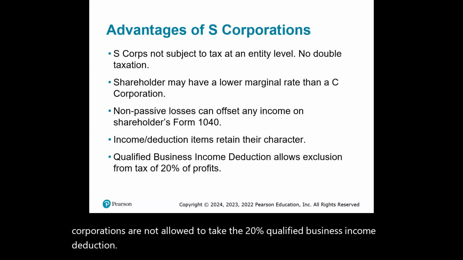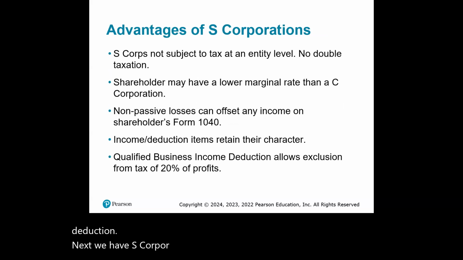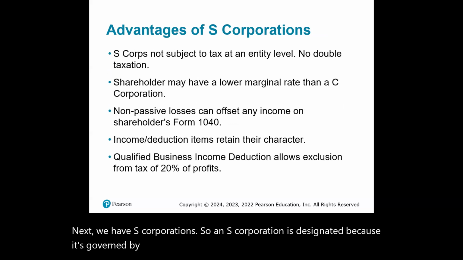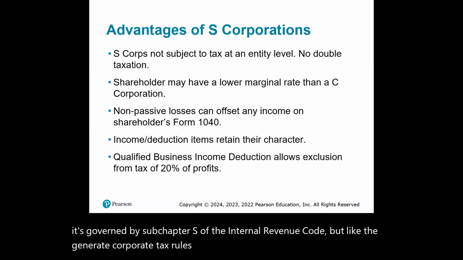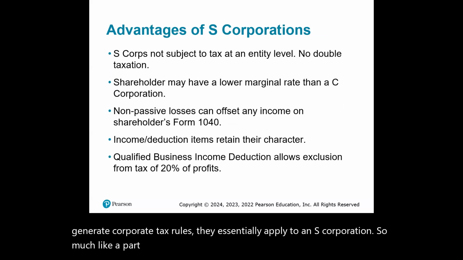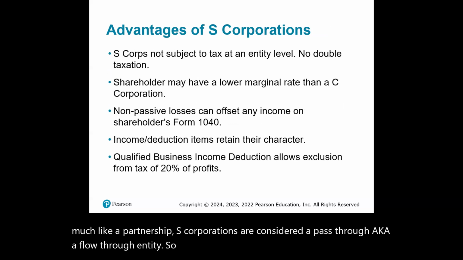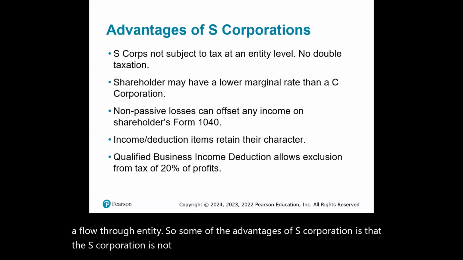Next, we have S corporations. An S corporation is designated because it's governed by subchapter S of the Internal Revenue Code. But like the general corporate tax rules, they essentially apply to an S corporation. So much like a partnership, S corporations are considered a pass-through, aka a flow-through entity. Some of the advantages of an S corporation are that it is not subjected to tax at an entity level.